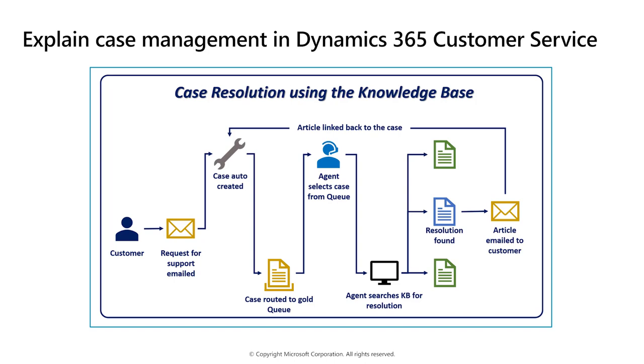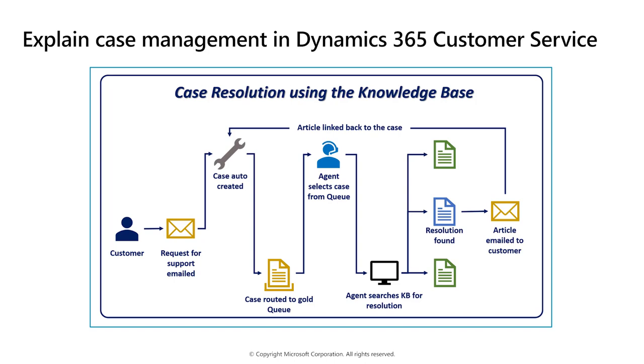The agent goes ahead and selects the case from the queue and sees the issues and then looks at the knowledge base to find any articles that are relevant for it. So they would use keywords to locate appropriate knowledge articles, and they then find the appropriate knowledge article for it, and they've found the resolution.